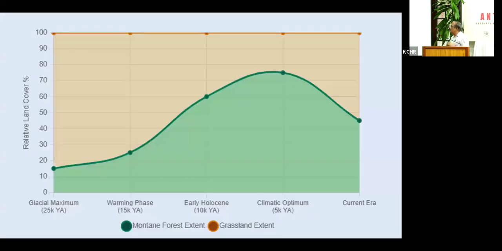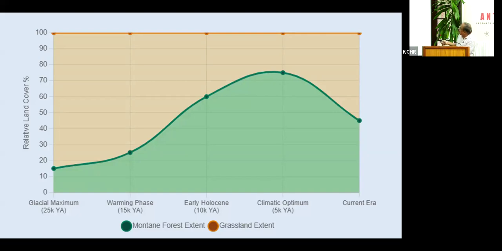If you picture it graphically, what they got is something like this. Around 25,000 years before, it was largely dry, arid vegetation, and the land cover was largely graminaceous or herbaceous elements. Then slowly, in the warming phase, it changed and the forest cover increased, and it went up to a maximum at the climate optimum stage.